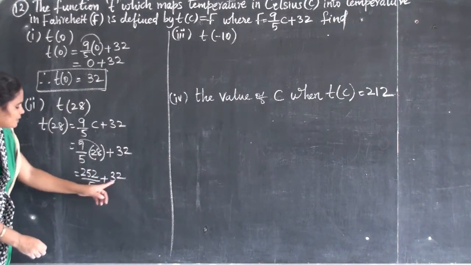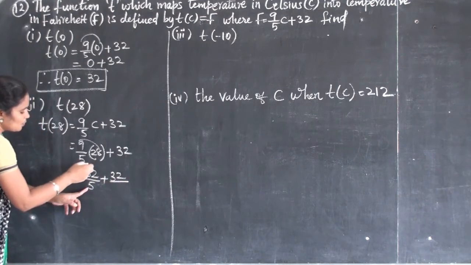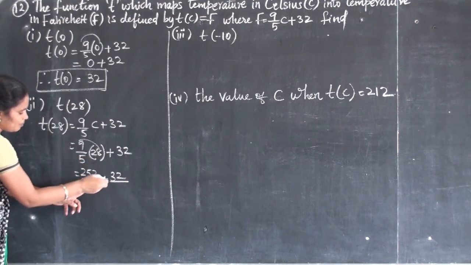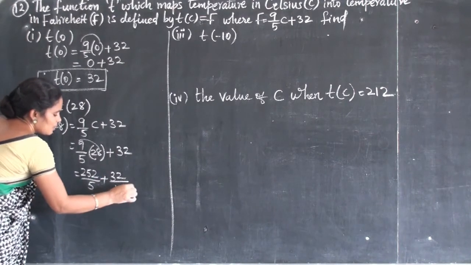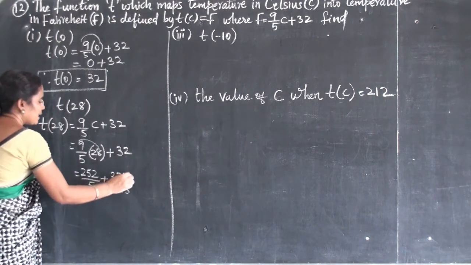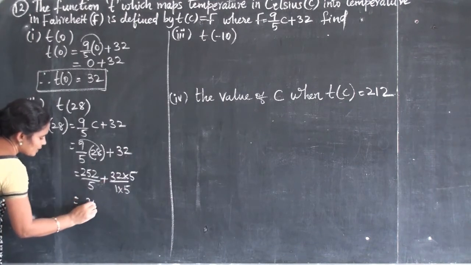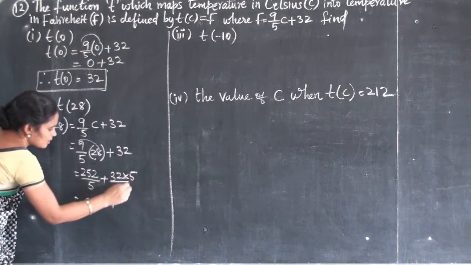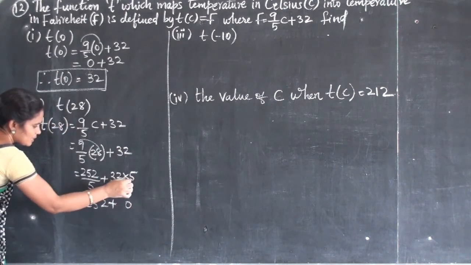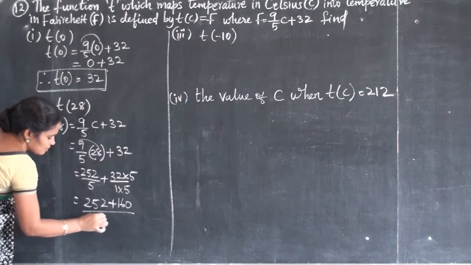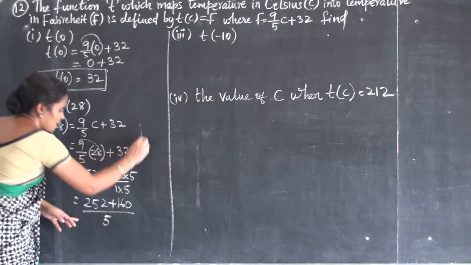Here 32 is a whole number, so convert this also as a fraction, multiply both. So 252 plus 32 into 5. 5 2s are 10, 0, 1. 5 3s are 15, 15 plus 1, 16, divided by 5.